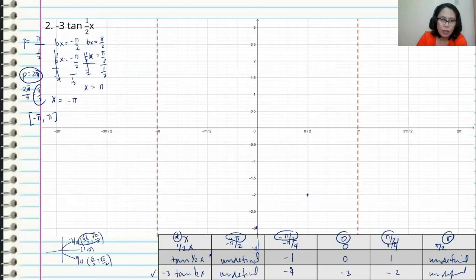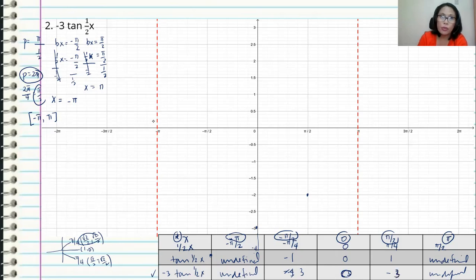So this is not negative 4. Instead, this will be positive 3. So negative 1 times negative 3 is positive 3, while 0 times negative 3 is 0. And then 1 times negative 3 gives us negative 3.